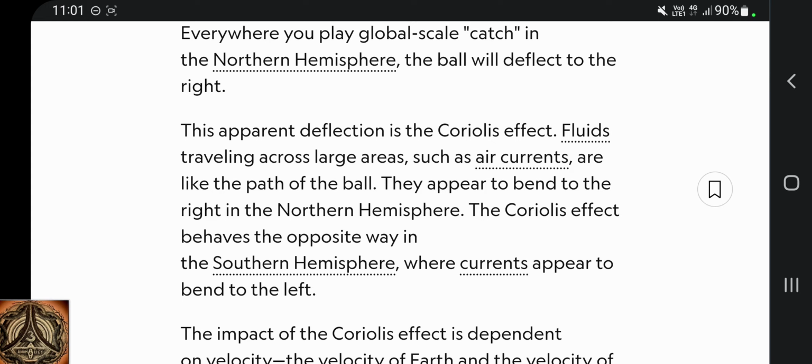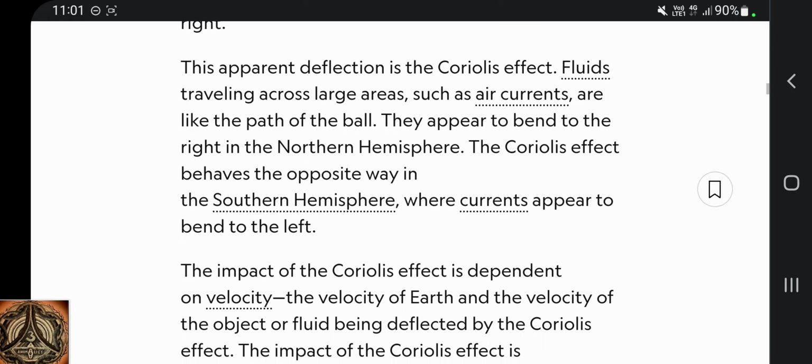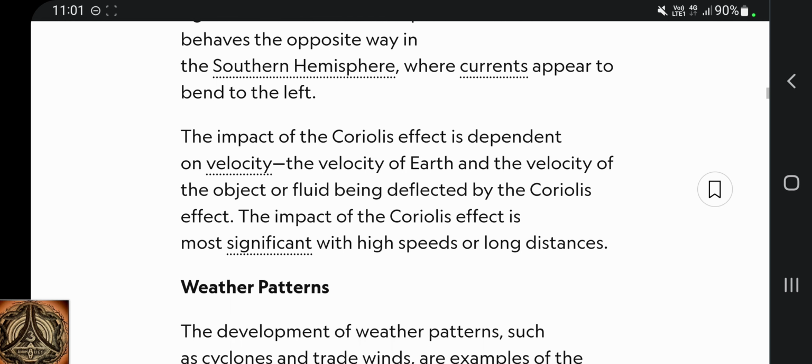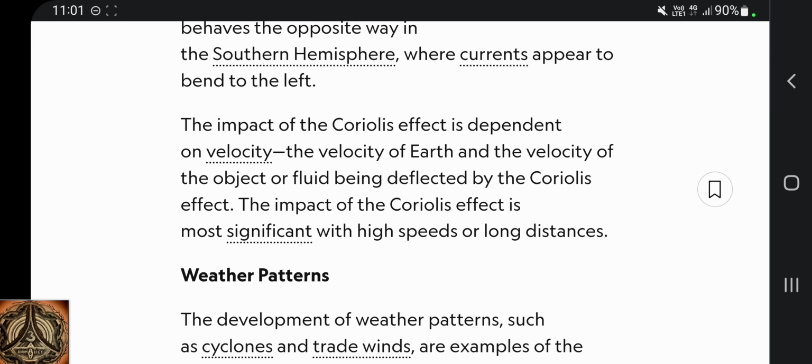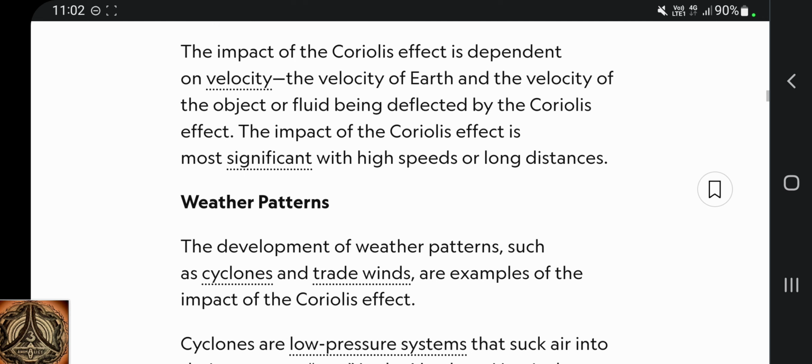They appear to bend to the right in the northern hemisphere. The Coriolis effect behaves the opposite way in the southern hemisphere, where currents appear to bend to the left. The impact of the Coriolis effect is dependent on velocity, the velocity of Earth and the velocity of the object or fluid being deflected. The impact is most significant with high speeds or long distances.